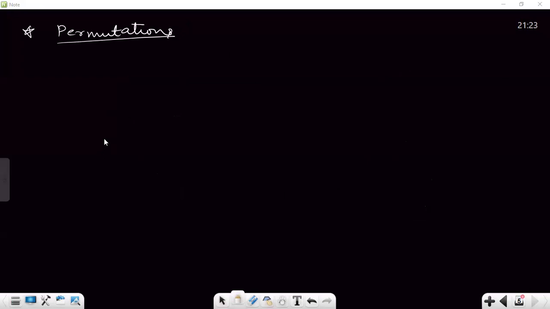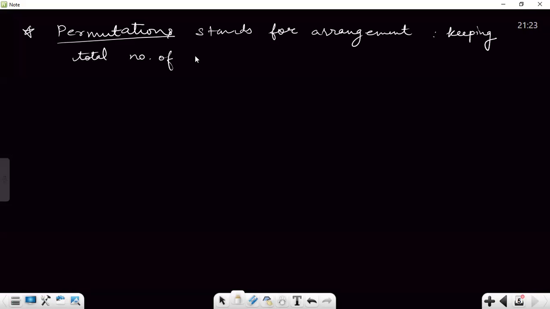So it stands for arrangement, being the total number of elements, objects that you're discussing about, the same. Okay. And also there's one more definition.